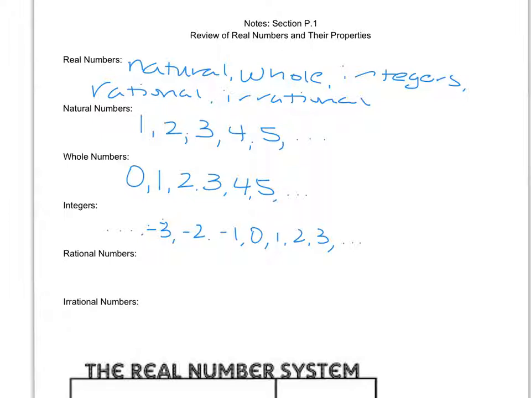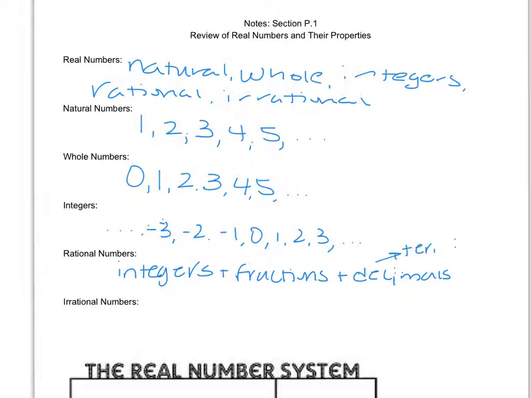So the rational numbers are the integers plus fractions and decimals, but it's got to be decimals that terminate or repeat.